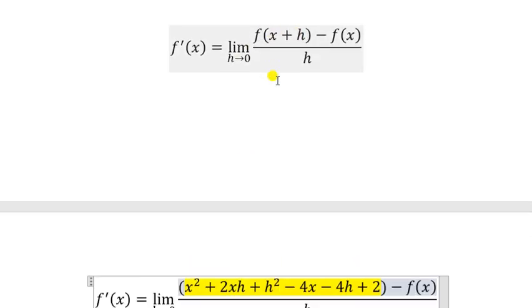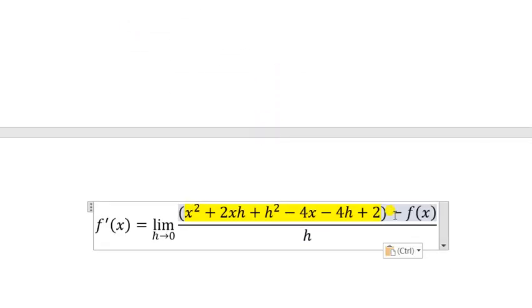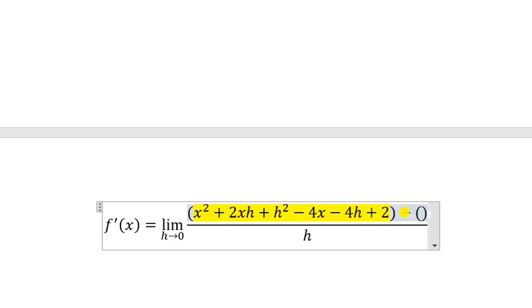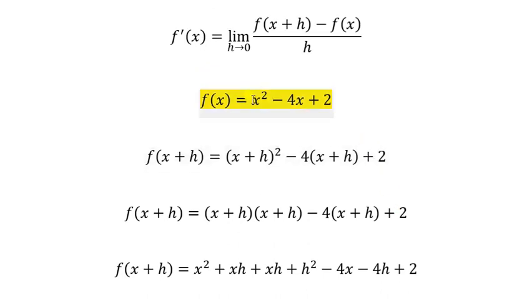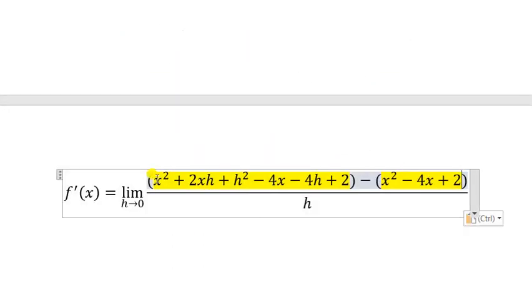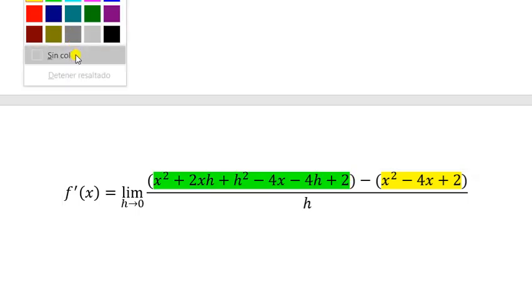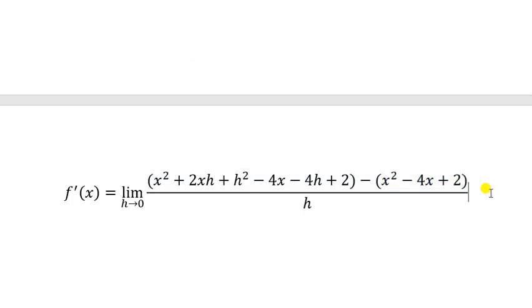We substituted this for this answer we just got here. And this f of x is substituted for the original function, which was x squared minus 4x plus 2. So let's substitute it here as well. Okay, so there we have our substitution. Basically, this will be our substitution.